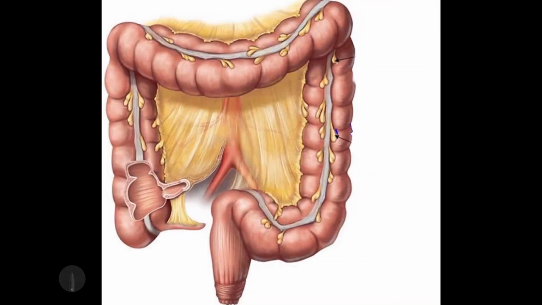Now that we've been able to identify the different parts of the colon, as well as the different sections of the large intestine, there are a few more additional landmarks that are located on the colon. Right here we see the little black arrows pointing to these yellow sacs of fat. These are called epiploic appendages of the colon.